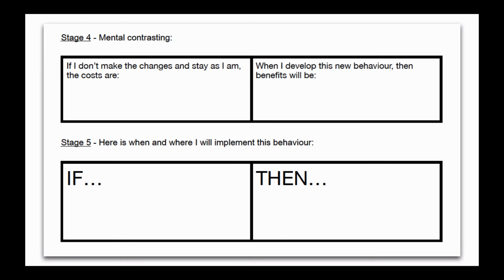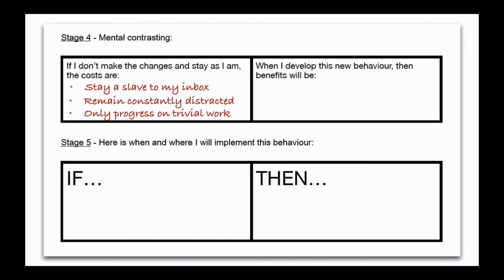Now the next thing is the mental contrasting. So stage 4, the best way of doing this is, first of all, what's the pain associated with staying where you are? So that might be staying a slave to your inbox, that might be remaining constantly distracted, that might be only progressing trivial work. So feeling the pain of that is going to propel you forward because we are driven by pain and pleasure.